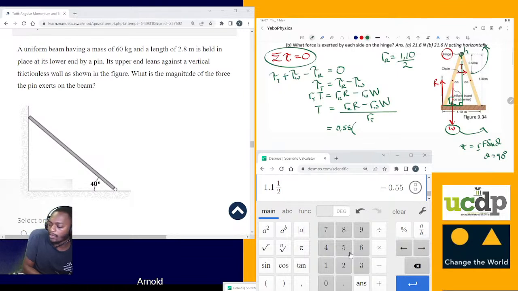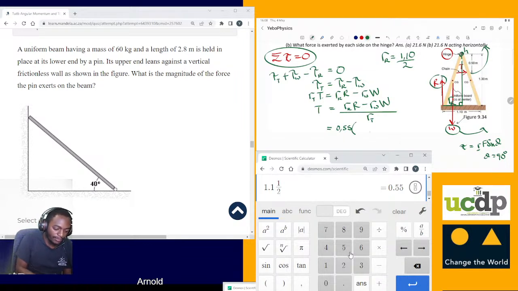Times our reaction force. Since we're considering one of the legs, the total structure has a mass of 8 kilograms, which means one of the legs is half, so we're going to be at 4 kg. Remember, your R is equal to the weight.